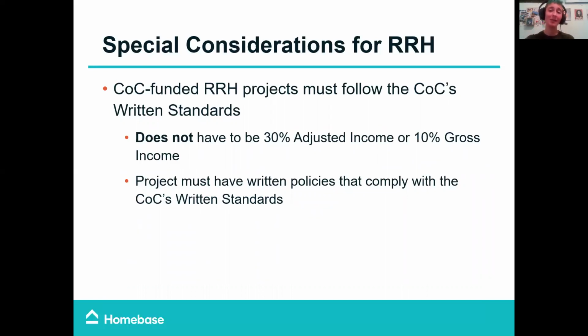Rapid rehousing projects just have to follow whatever the CoC puts in their written standards. And then each individual grant recipient or program has to have their own written policies about calculating client portion of rent that comply with the CoC's written standards. So in the case of rapid rehousing projects in particular, HUD doesn't actually set the rules about client calculation of rent. It's the CoC that does that. So we're going to look a little bit at what the Santa Clara County CoC says about calculating rapid rehousing rents on the next slide.